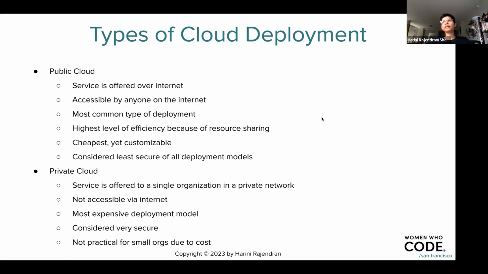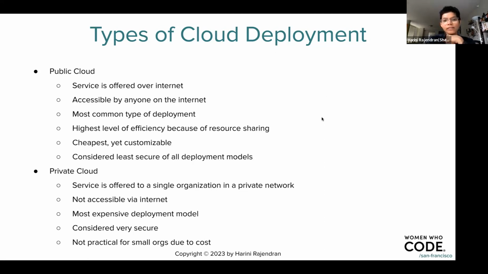So public cloud is the most widely and most commonly used type of cloud service. There, the cloud service that's offered is just offered over the internet. So anyone who has internet access in the world can access those services. For example, again, going back to Gmail or whatever, right? They're all offered in public cloud.